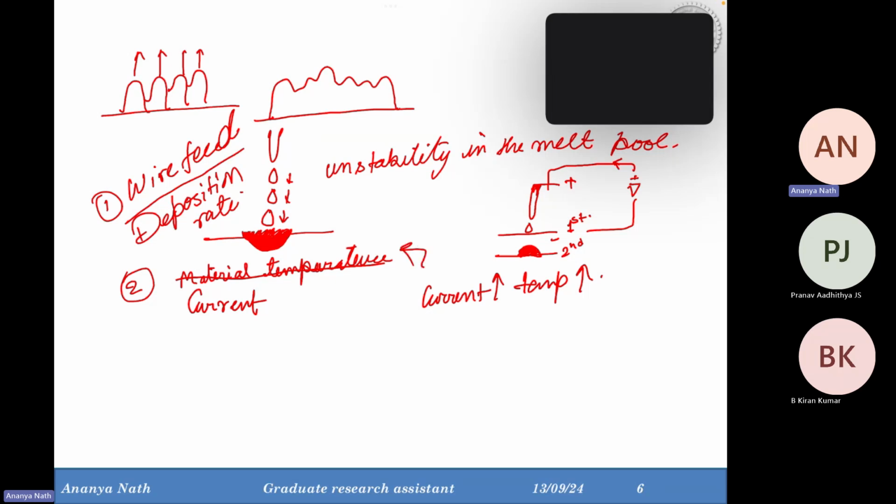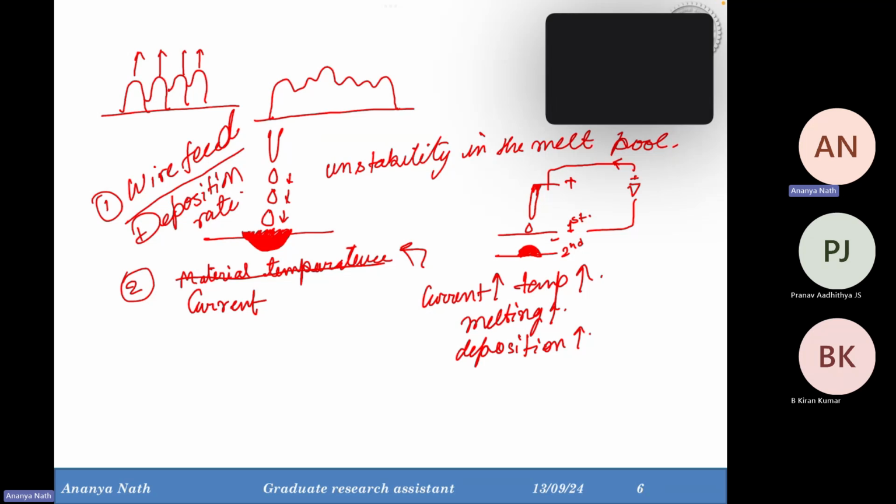If the material temperature is increasing, the melting will be much easier, and then the deposition will be much easier, because deposition means I have to melt the electrode and deposit it over the build plate. I have to just melt the material, and once it is melted, due to gravity it will fall down over the build plate, right?